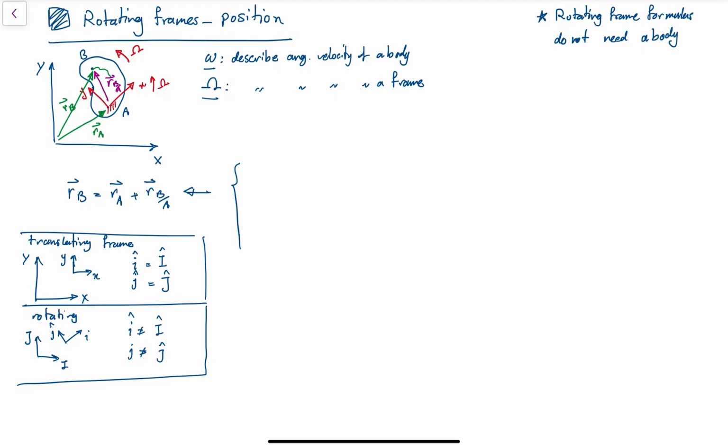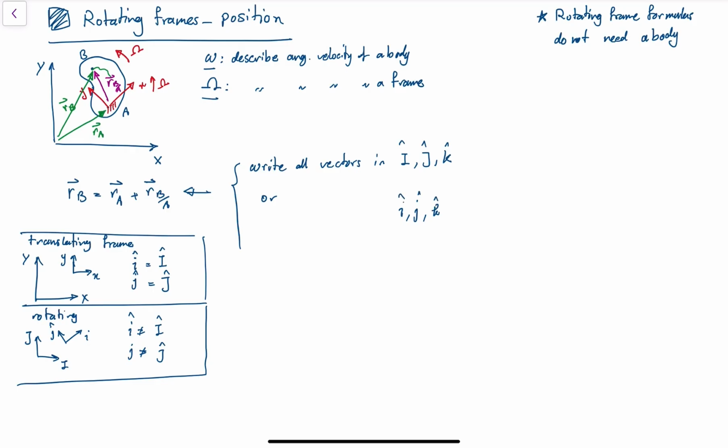You can either write all vectors in IJK using the coefficient of these vectors along your base frame, or you can write them in ijk, little ones.